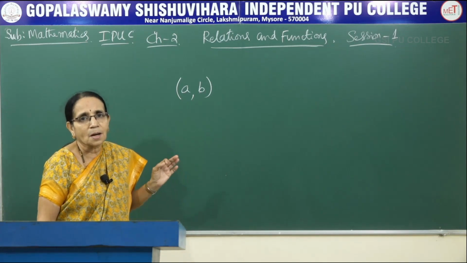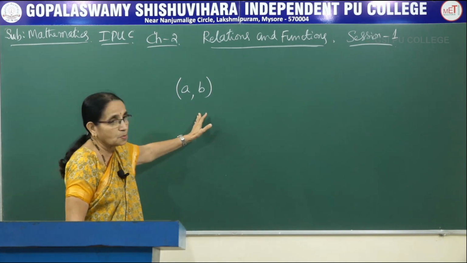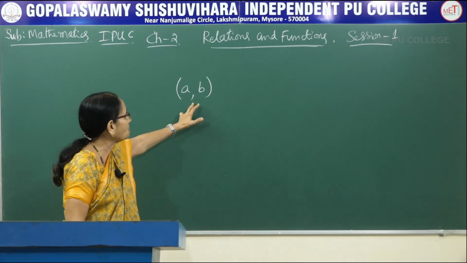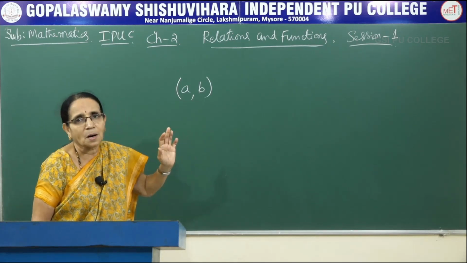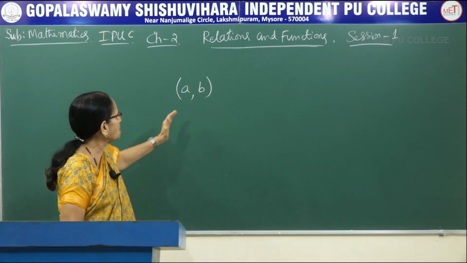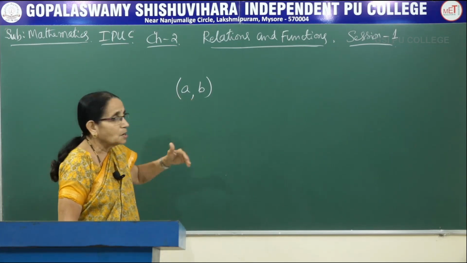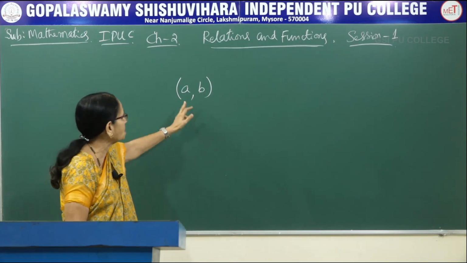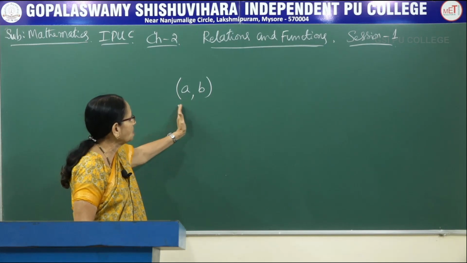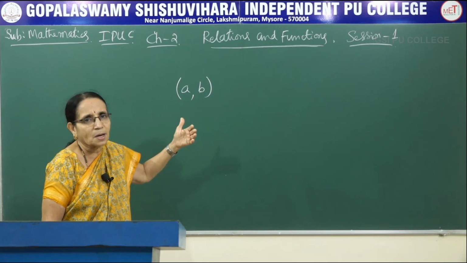An ordered pair is a pair of elements enclosed in ordinary brackets, separated by a comma, and written in a particular order. Generally we express it like this: a comma b. If the same letter is used, I can write x1 comma x2, or a1 comma a2, or ab, bc, xy, z, any two alphabets we will be considering.